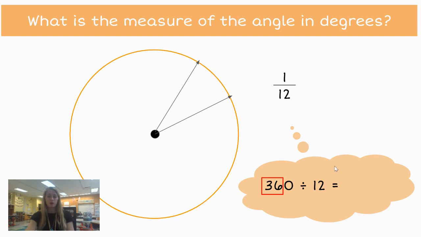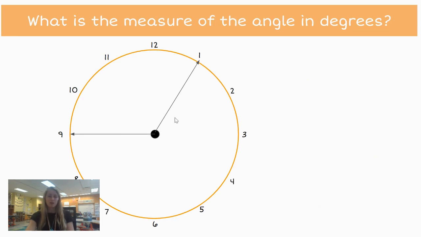How many times does 12 go into just 36? 3 times, and then we carry that 0 over. In other words, 360 divided by 12 is 30. What this means is this angle here represents 30 degrees of the 360 degree circle. So right here would be measured 30 degrees.